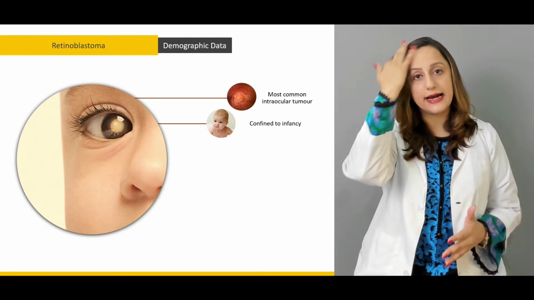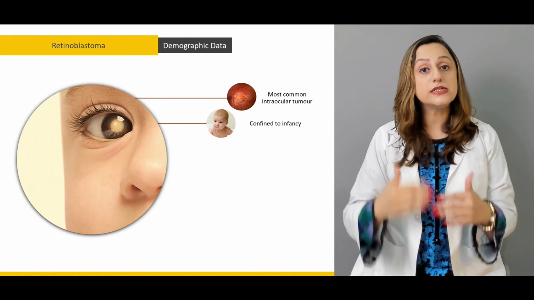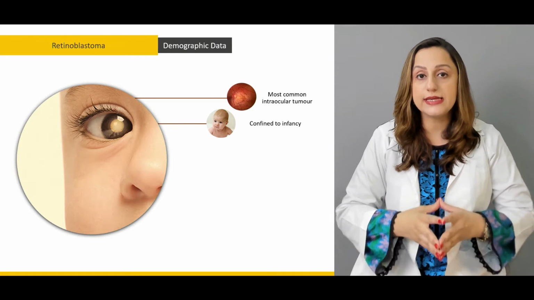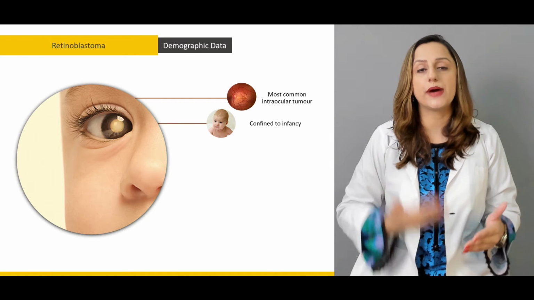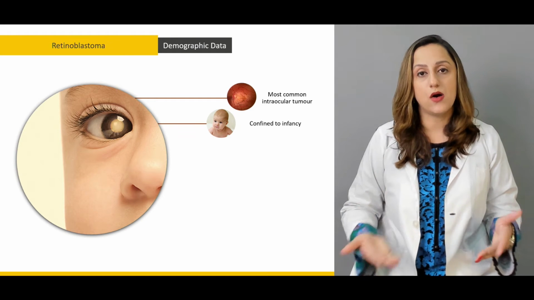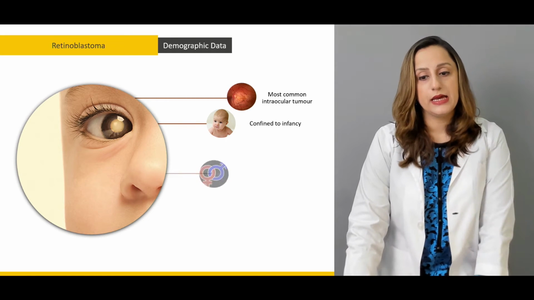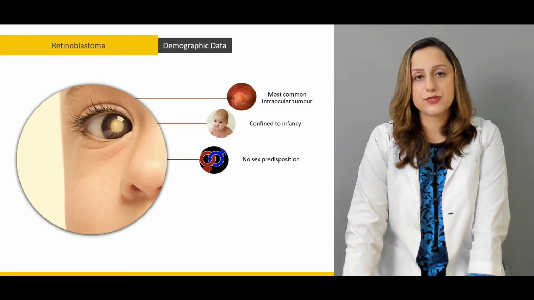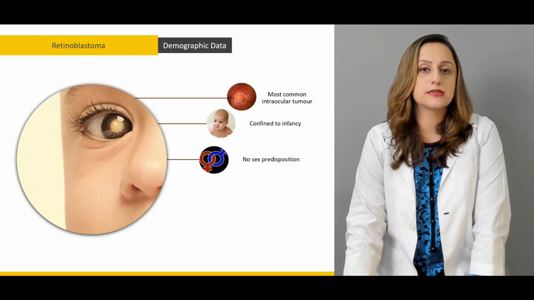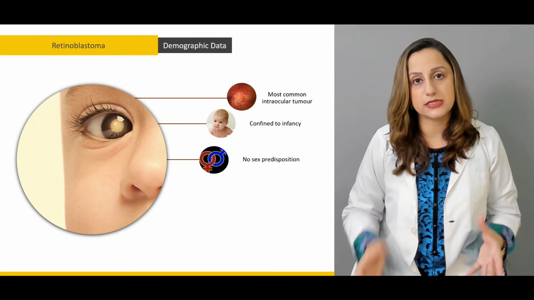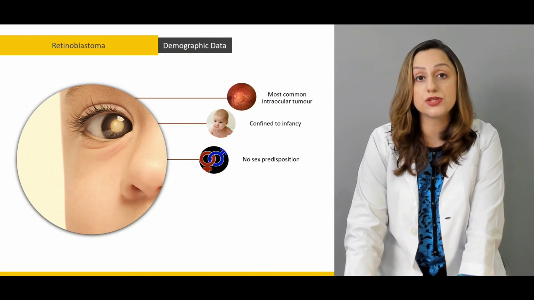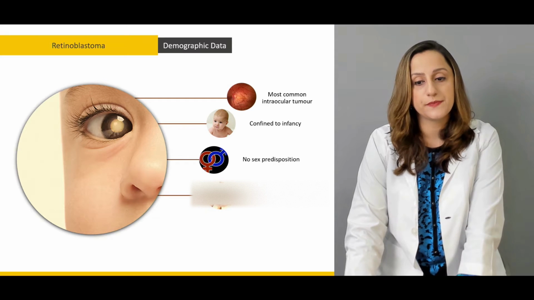So it's usually diagnosed in the first year of life. It's sometimes regarded as a primary congenital tumor of the retina. Then no sex predisposition, so males and females are equally affected by this condition, and there is no gender discrimination over here.